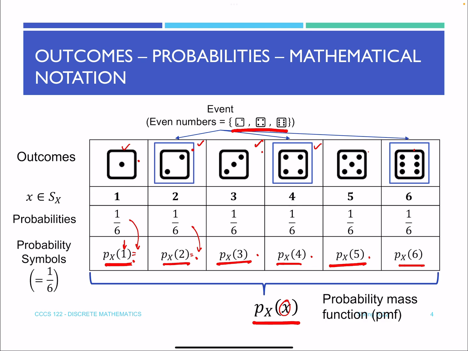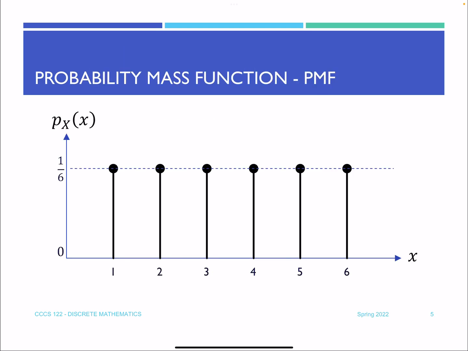Now, we know that usually a function can be plotted, and I'll show you that here. So this is the PMF of a fair die. Possible outcomes 1, 2, 3, 4, 5, and 6 on the x-axis, on the horizontal axis, and on the y-axis, or the vertical axis, we have the PMF, the probability mass function, of course.